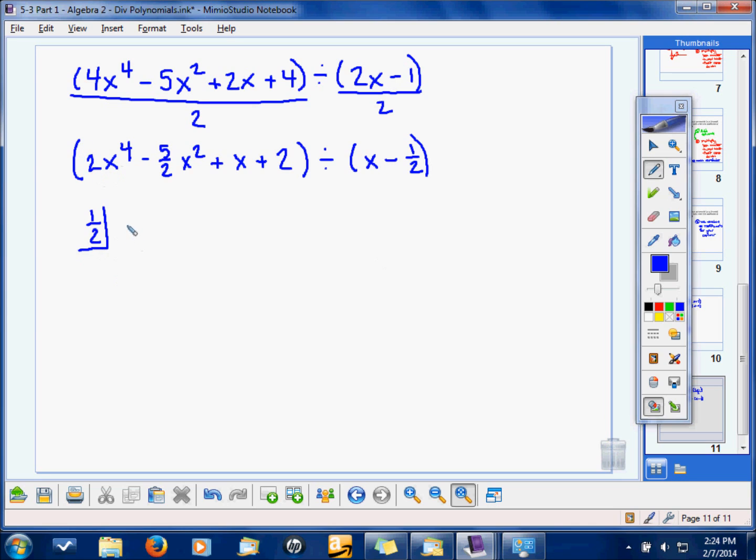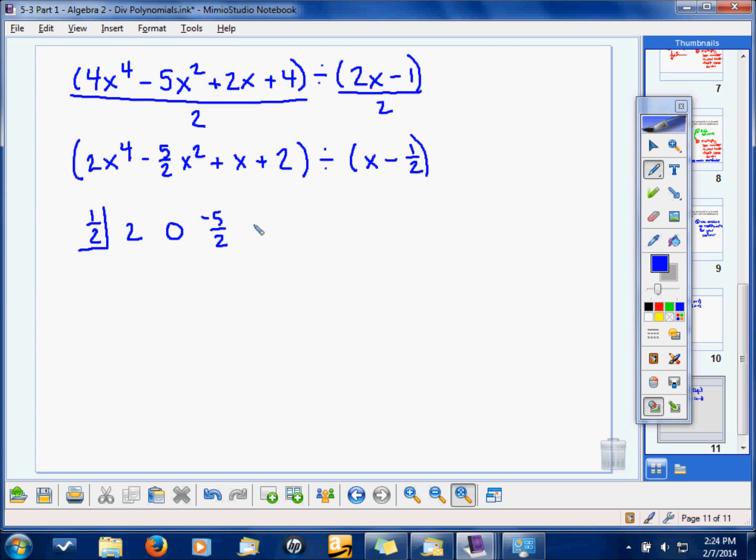Now watch what happens. 2x to the 4th, 2. We don't have a third, but we have to give it a placeholder, a 0, because there is no x to the third. There are 0 x to the thirds. We can't ignore it though. It needs a placeholder. Then x squared is negative 5/2.